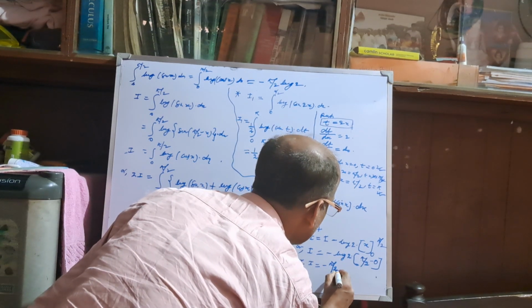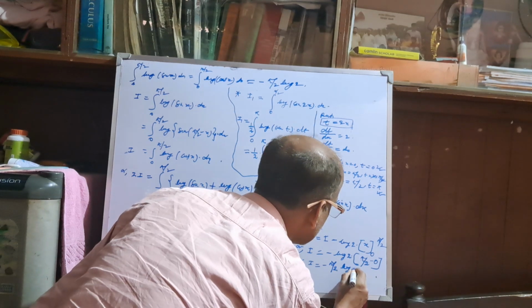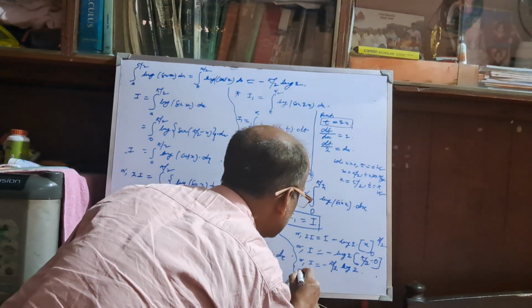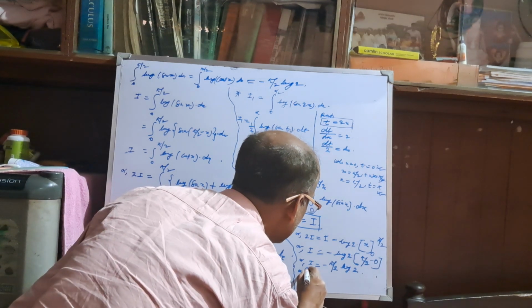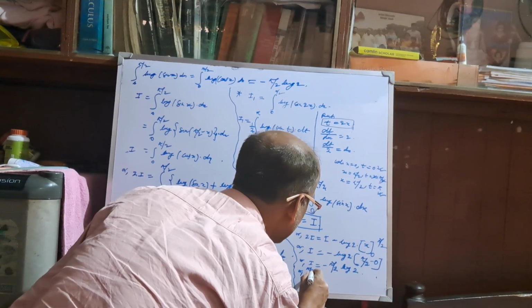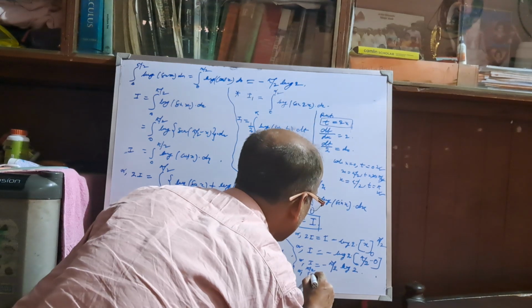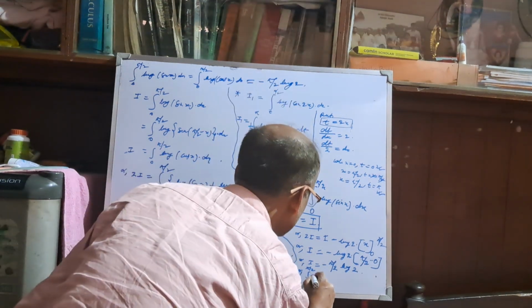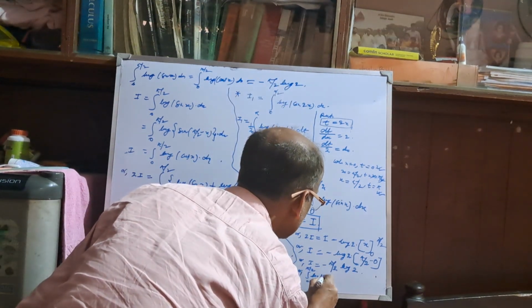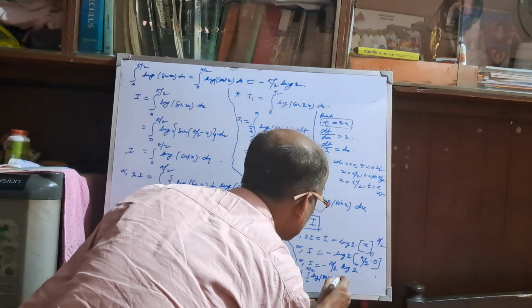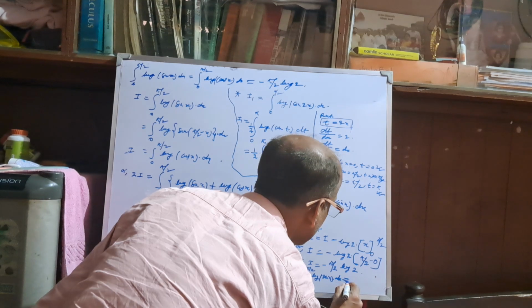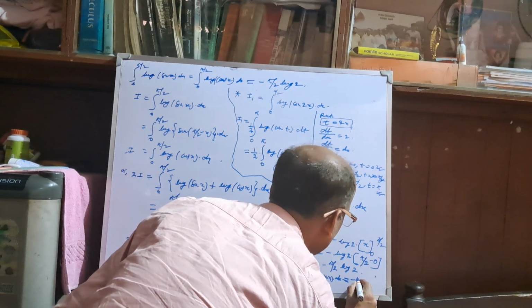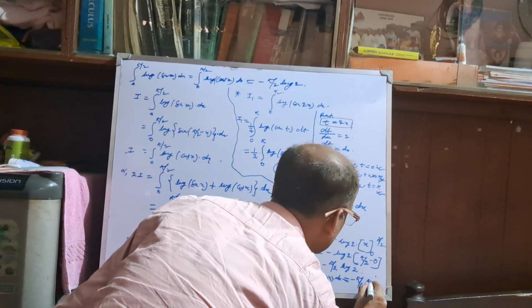Clear? So I got it. 0 to pi by 2 log sin x dx is equal to minus pi by 2 log 2.